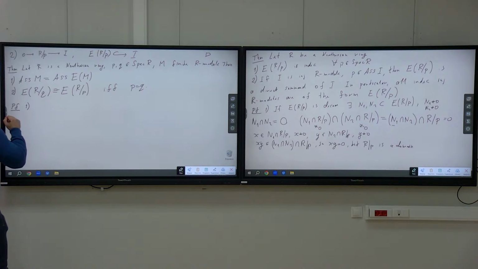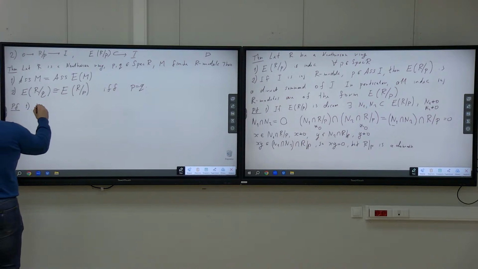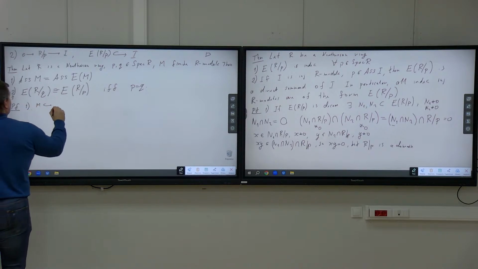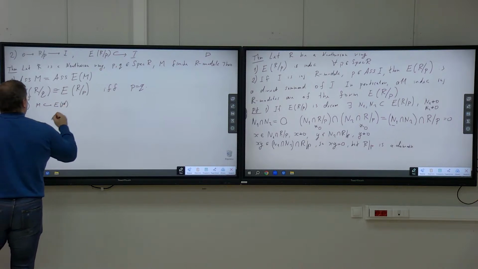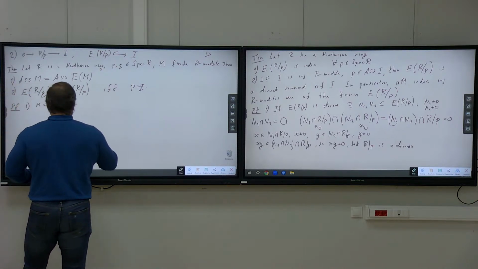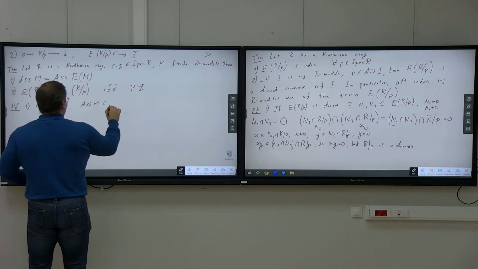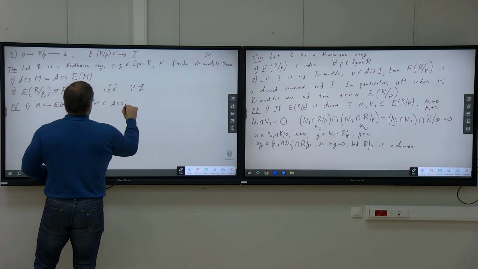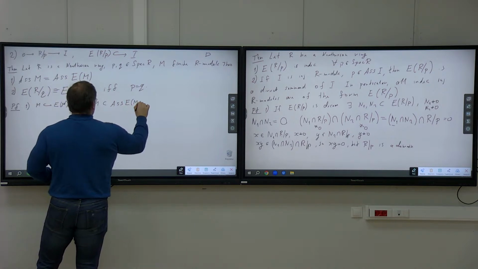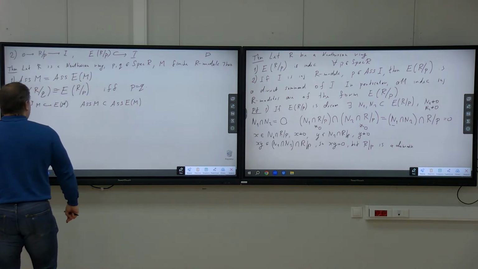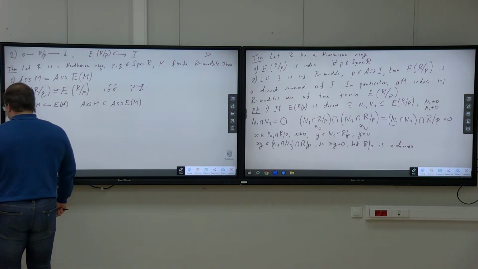Okay, so to prove one, what we know, well, since M is a submodule in the injective hull of M, by the general property of associated primes, at least we can say that the associated primes of M are contained in the associated primes of the injective hull of M. This is something that we get more or less automatically.